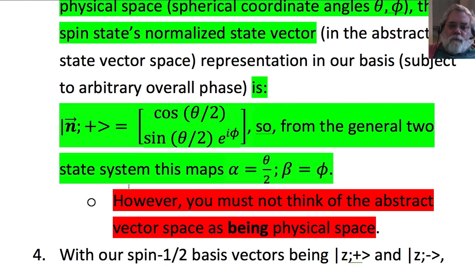So from the general two-state system, we map alpha to physical angle theta over 2 and beta to physical angle phi. However, you must not think of the abstract vector space as being physical space.